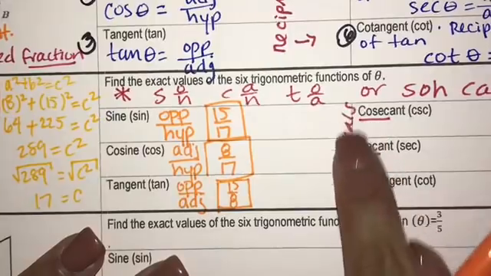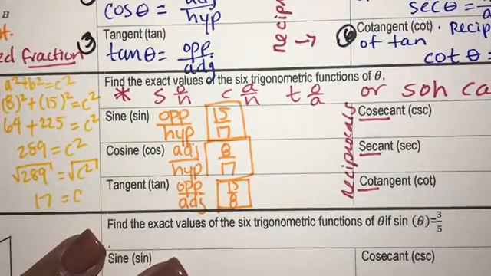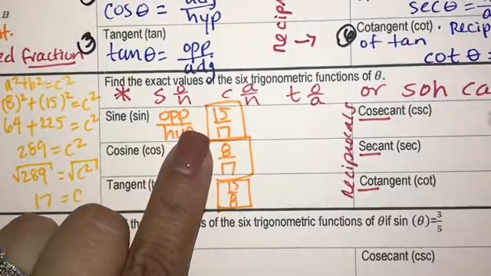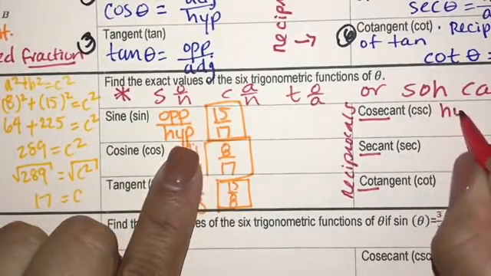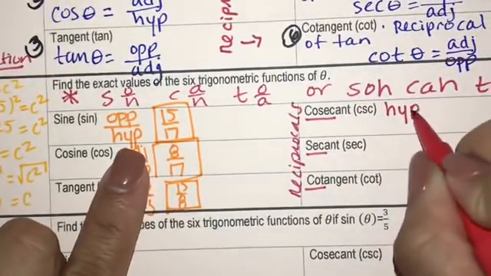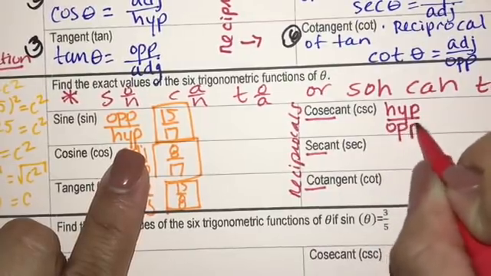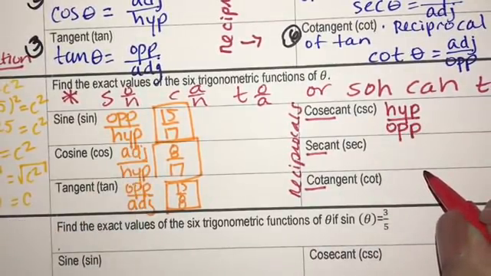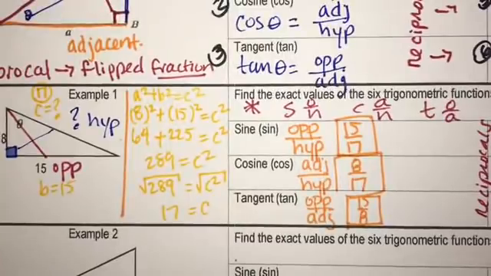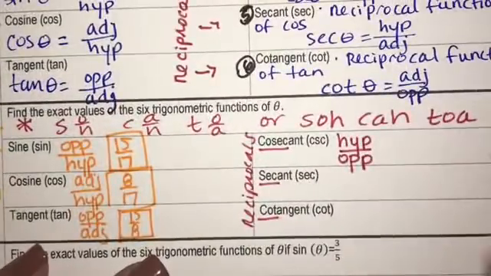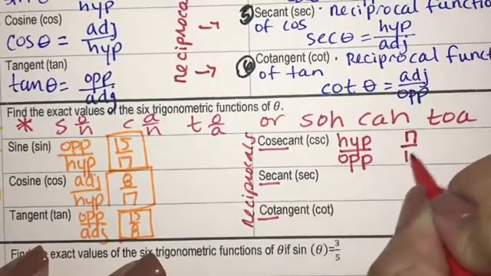Okay, and then we know everything over here is a reciprocal. So the reciprocal is going to be hypotenuse over opposite. So if I say hypotenuse over opposite, that is 17 over 15.